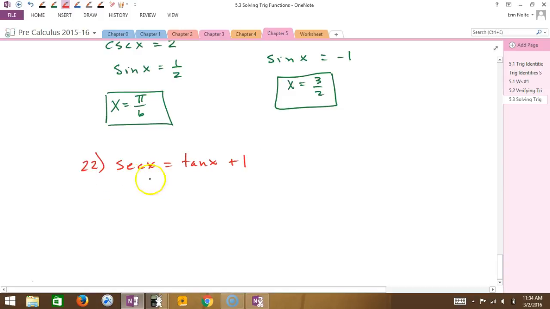Okay, so we can say that secant is 1 over cosine, and tangent is sine over cosine, and 1 is, ooh, I like it, cosine over cosine. What can I also do right now? When you're solving an equation and all the denominators are the same. Yeah. Ooh, that was nice.